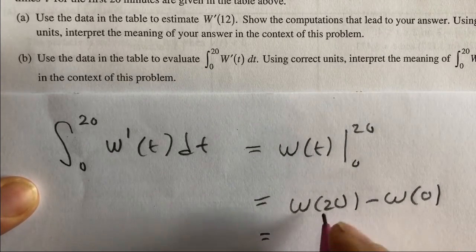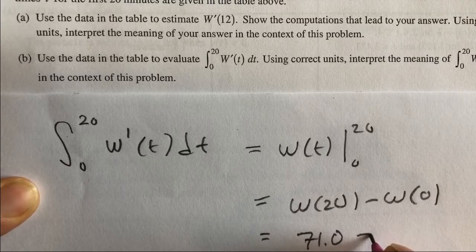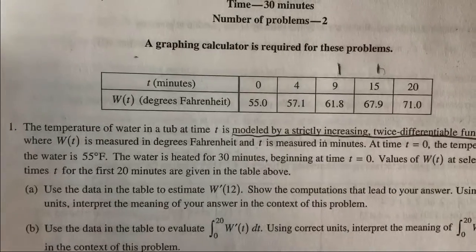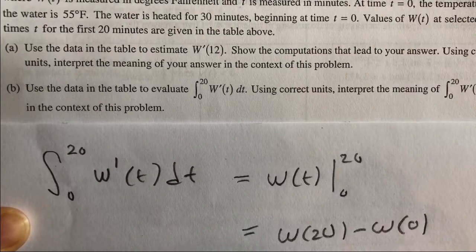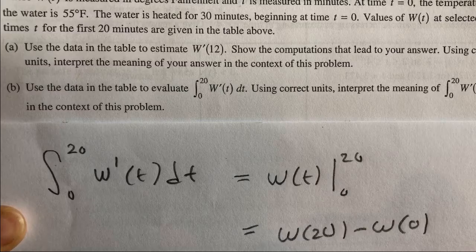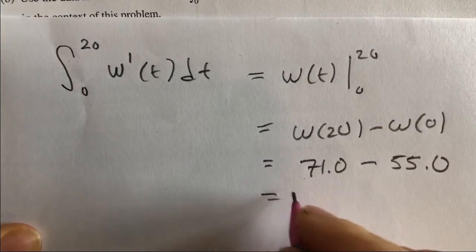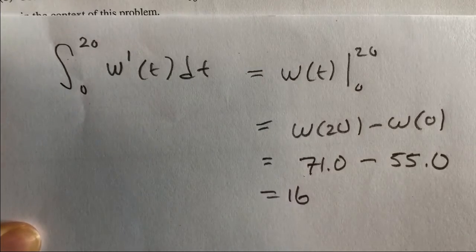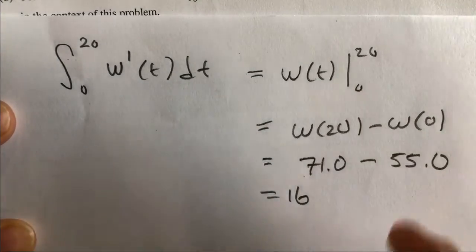So W of 20 is 71. W of 0, I'm sorry, I'm looking at my chart here, is 55. And 71 minus 55, again, leave it, but just to show you, we could write that as 16. So remember what you get, because they want you to interpret the meaning of this.